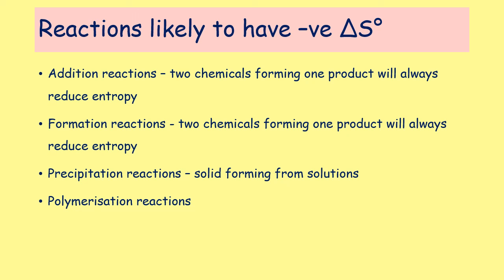Formation reactions, again, because you're making one product out of two. Precipitation reactions will generally, because you're forming a solid, and polymerization reactions, and that's because you're going from lots of small molecules to one really, really big molecule. So those are your likely reactions to have a negative entropy change.